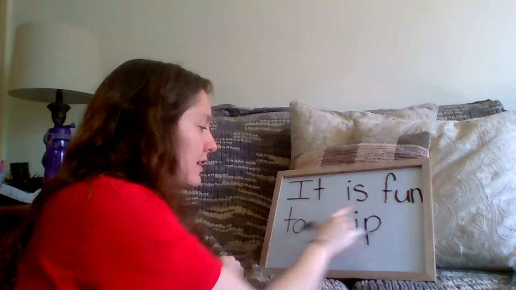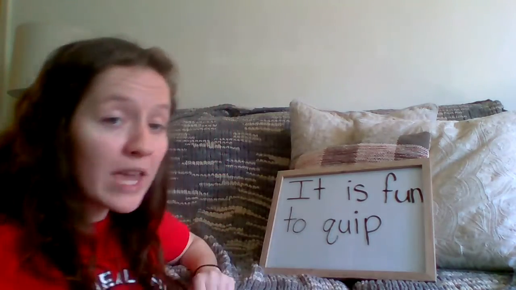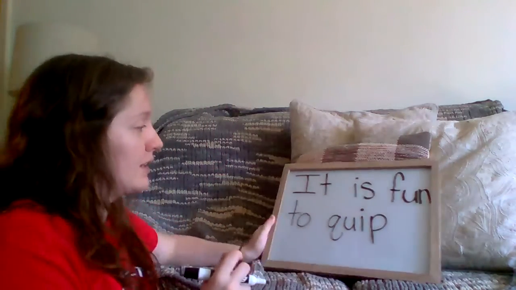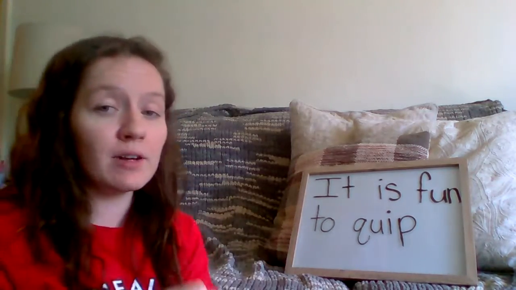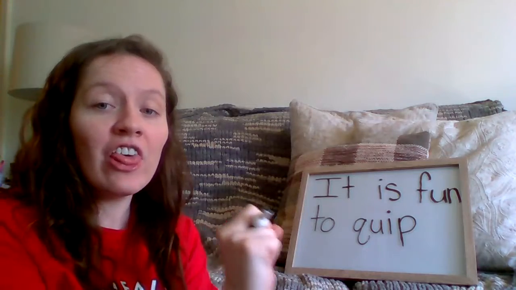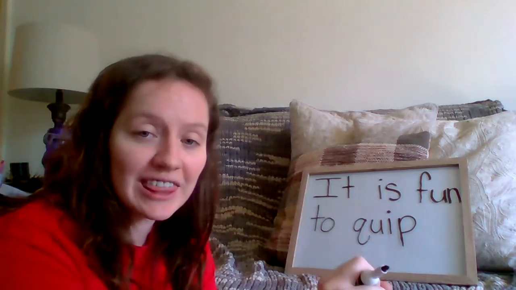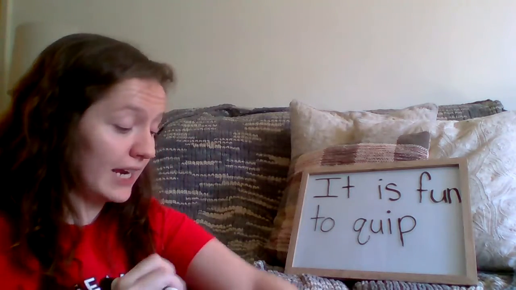It is fun to quip with, that's a red word too. I'm going to have to start writing smaller. Make sure you have a finger space if you're still on the same line. And with is a red word, and we can sound it out. So if I were to sound it out, w, it, with. Or I can tap it out.